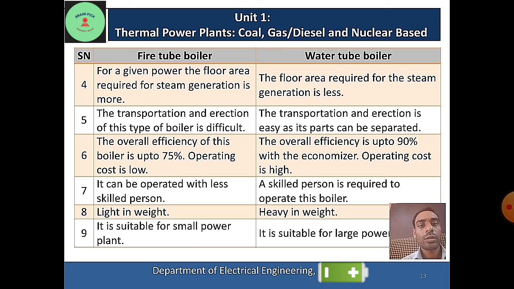Fire tube boilers are light in weight, whereas water tube boilers are heavy in weight. And number 9, fire tube boilers are suitable for small power plants, whereas water tube boilers are suitable for large power plants, because the steam generation rate is very higher, that is 4,50,000 per hour.